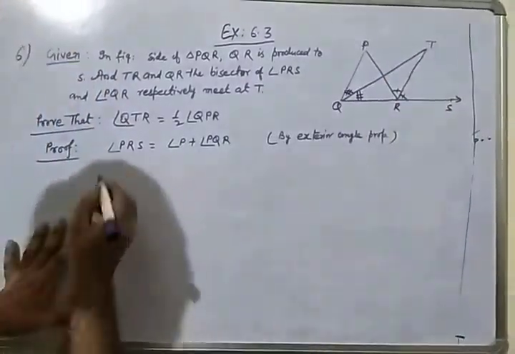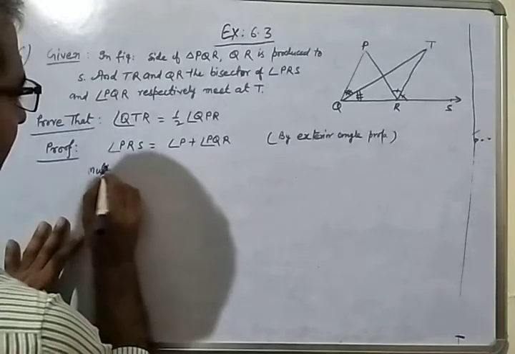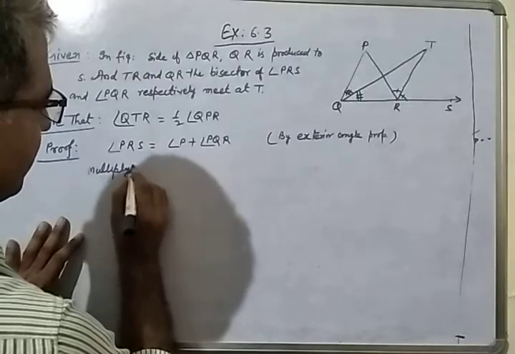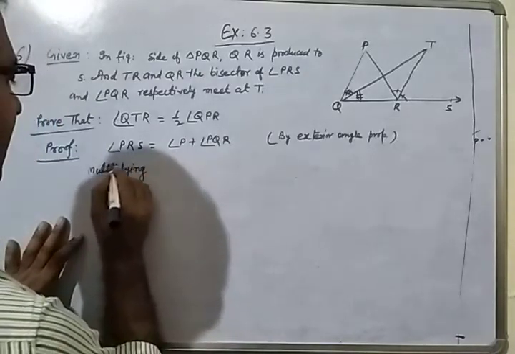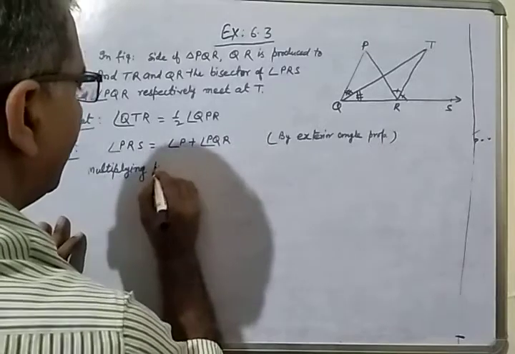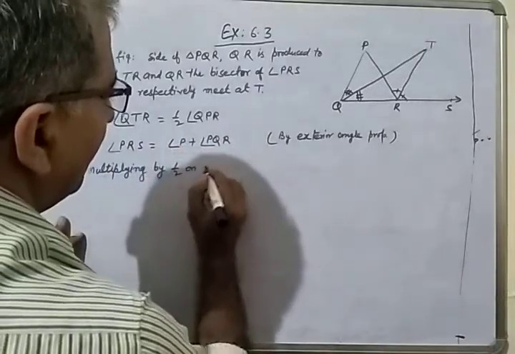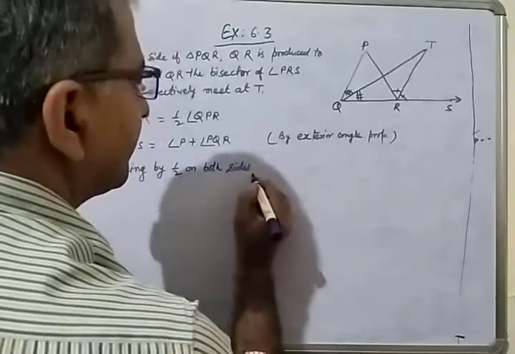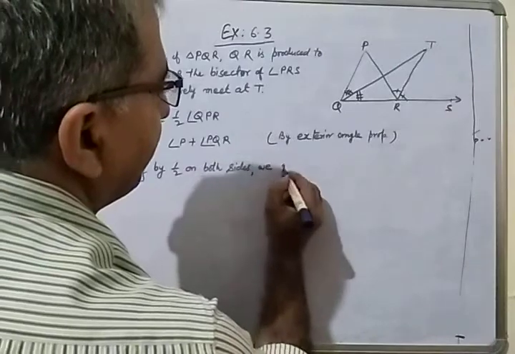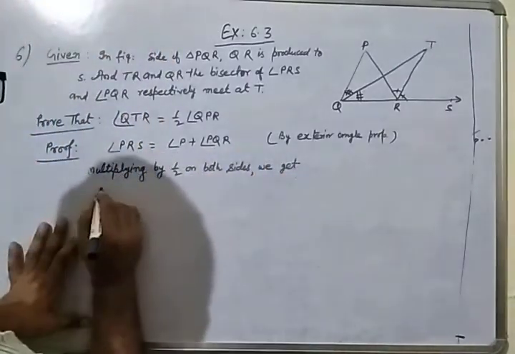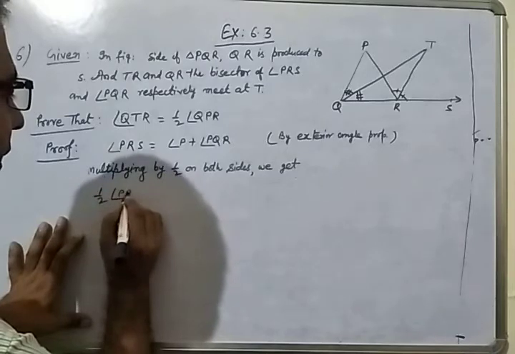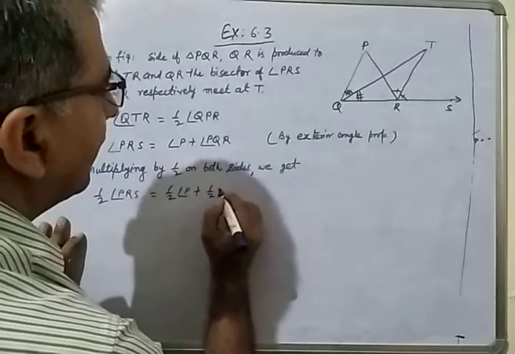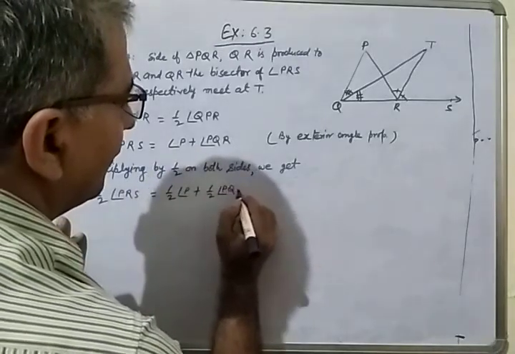So now multiplying by 1/2 on both sides, we get half angle PRS equal to half angle P plus half angle PQR.